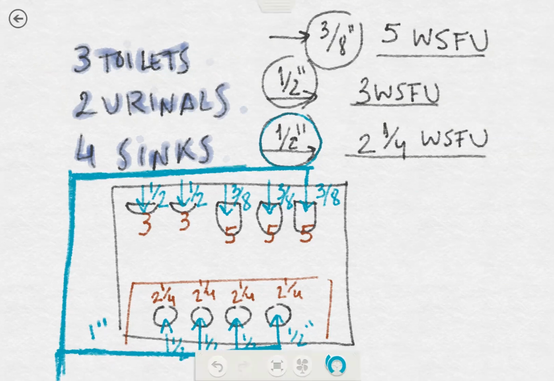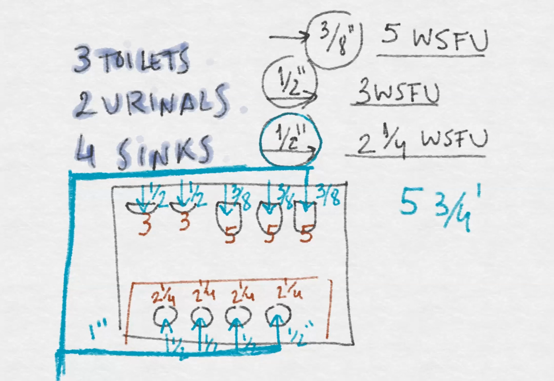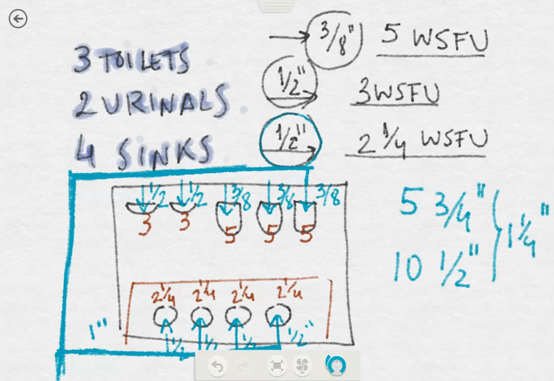Well, the rule of thumb says that up to 5 3/4 or up to 10 1/2, we need 1 1/4 inch. So this is either this, or it's not 'and', it's 'or'. Either this or 10 1/2 inch.